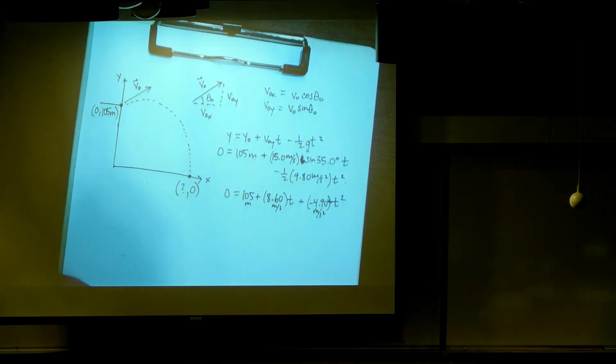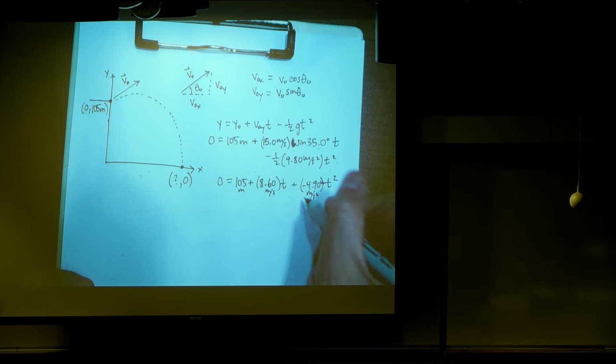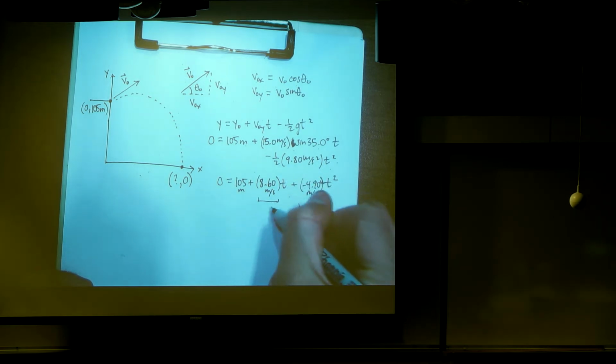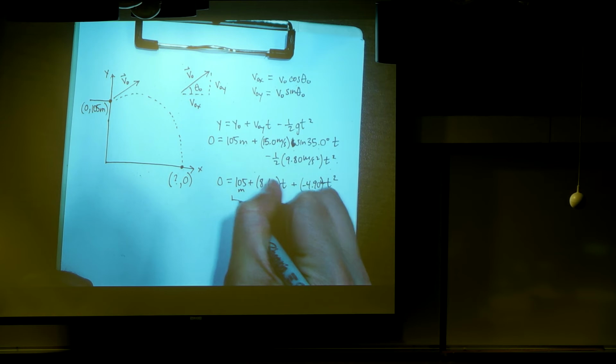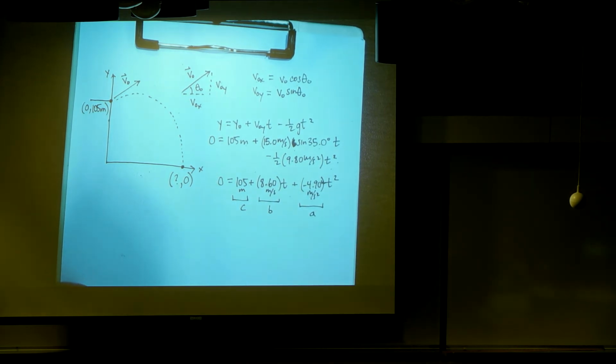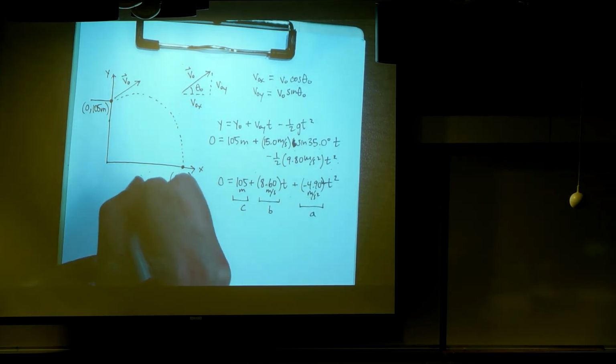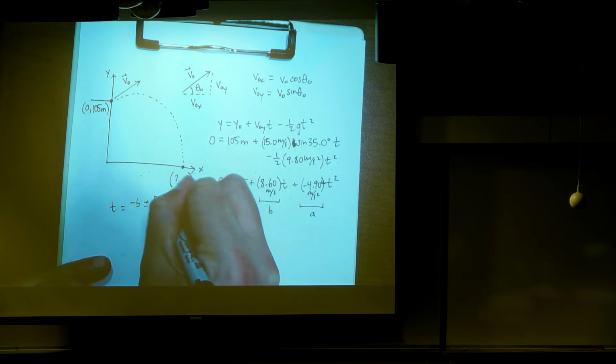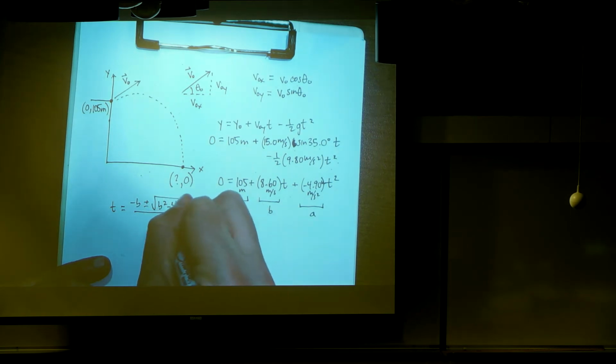Okay? So there's our quadratic right there, where we have a, that's going to be minus 4.9. That's going to be the term that multiplies t squared. This is our b term, and this is our c term. So we've done the quadratic formula before. Remember, it's minus b plus or minus square root b squared minus 4ac over 2a.